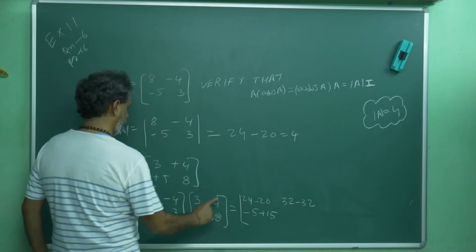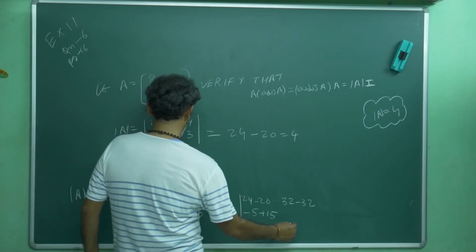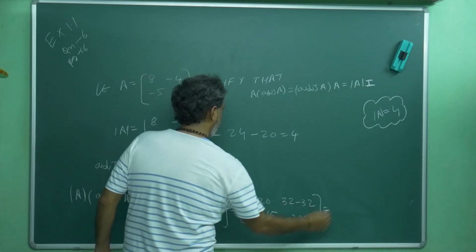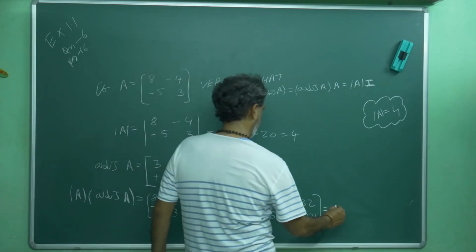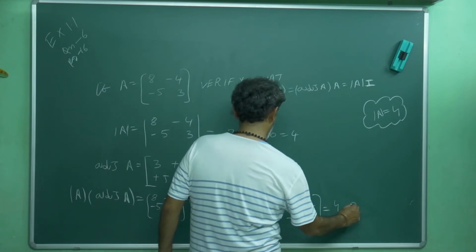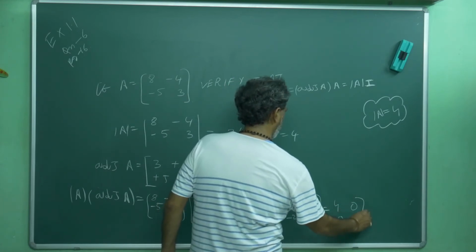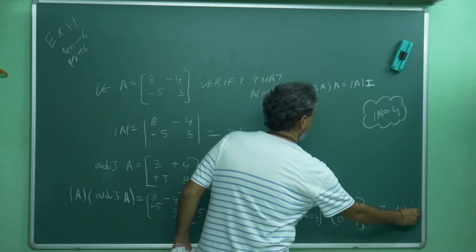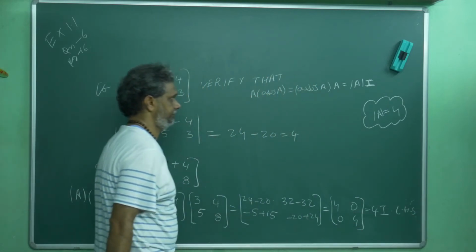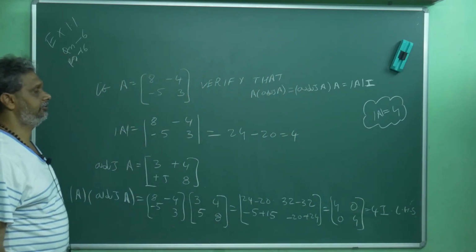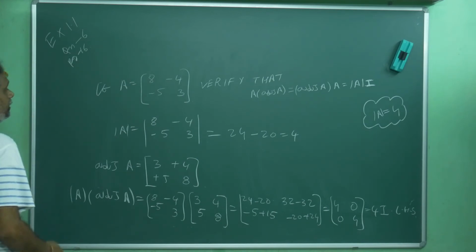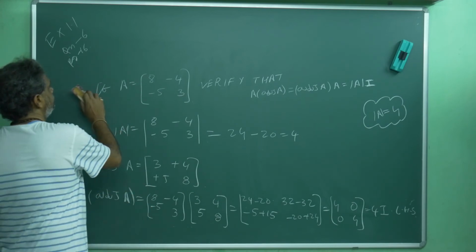Then second row, second column: minus 20 plus 24. So this is equal to [4, 0; 0, 4]. How can I write this? Can I write this as 4I? That is LHS; what I got is 4I. Then go for RHS. What will you do for RHS?